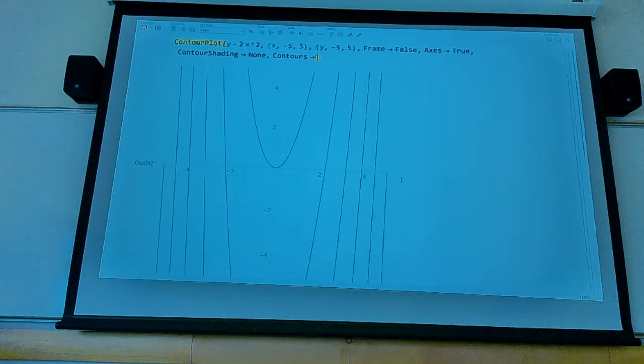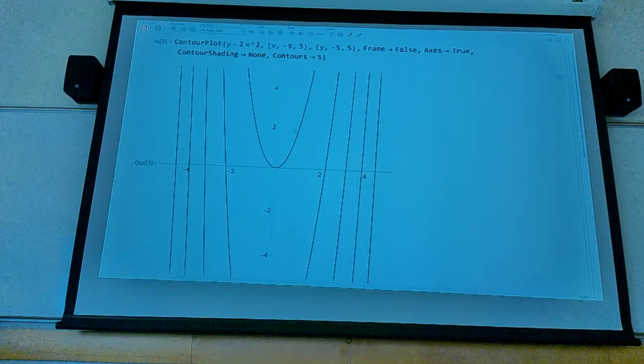I can say, okay, I only want to use 5 contours. So it'll choose 5 contours, and again, choose them automatically. So it chose 0, negative 10, 20, 30, and 40.